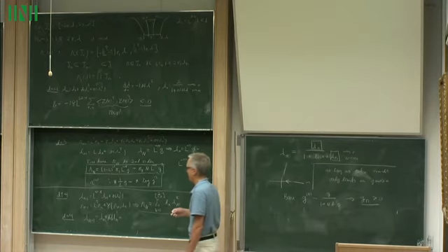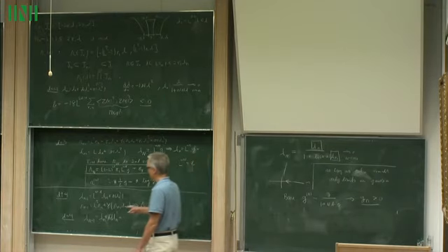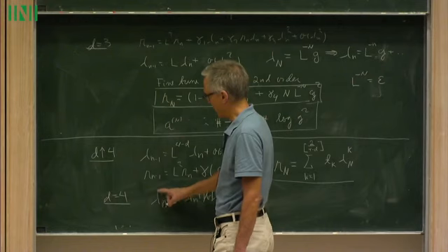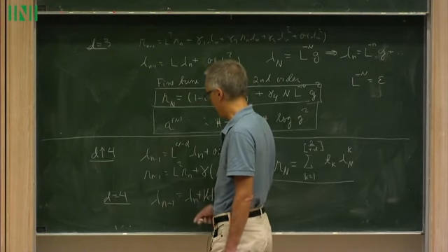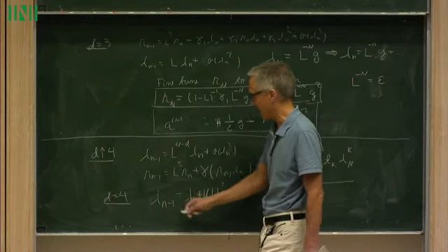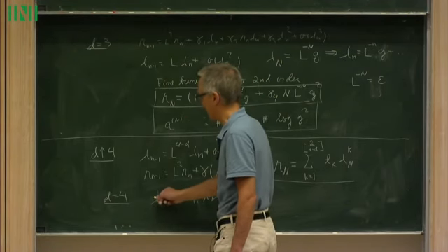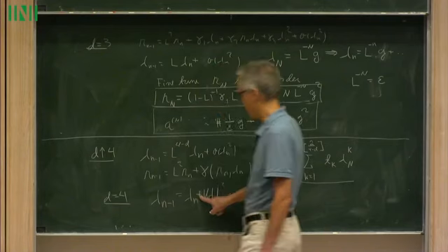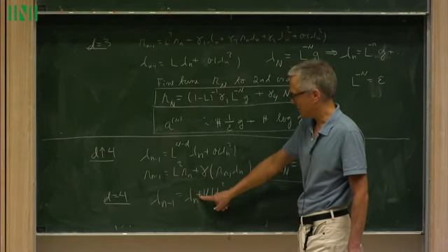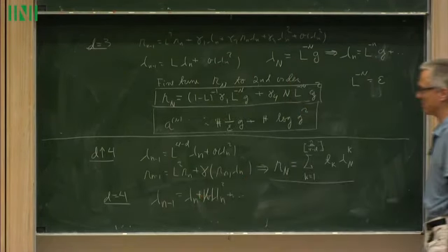It would happen if, instead of considering phi-4 theory with positive lambda, I would take a negative lambda. Because if lambda were negative, I would take the absolute value, call it minus lambda again. That would shift this sign to the opposite, and I would actually have a continuum limit.